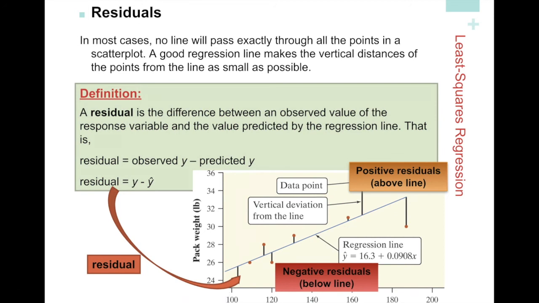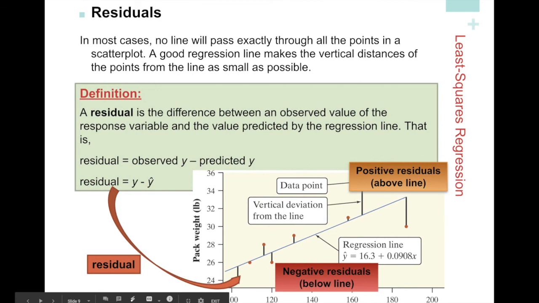What does it mean if an observed value has a negative residual? For example, this right here is an actual observed value. This is now body weight and backpack weight. This is a person in our study who weighed 120 pounds, whose backpack only weighed about 26 pounds.